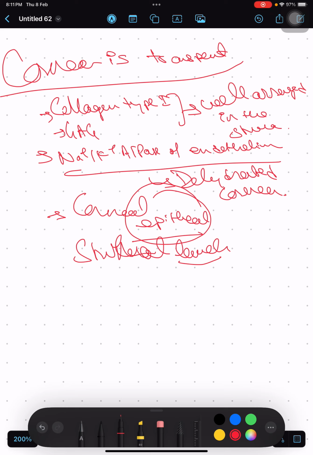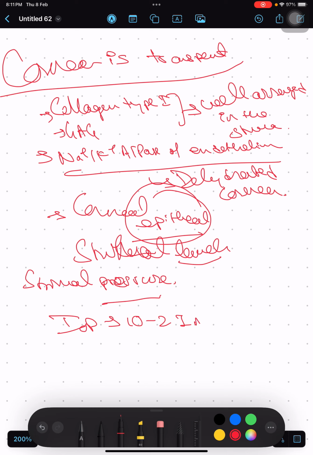And one more thing I want to add here is the stromal pressure. The stromal pressure is very important. It is much higher than the intraocular pressure. The intraocular pressure is about 10 to 21 mm of Hg.